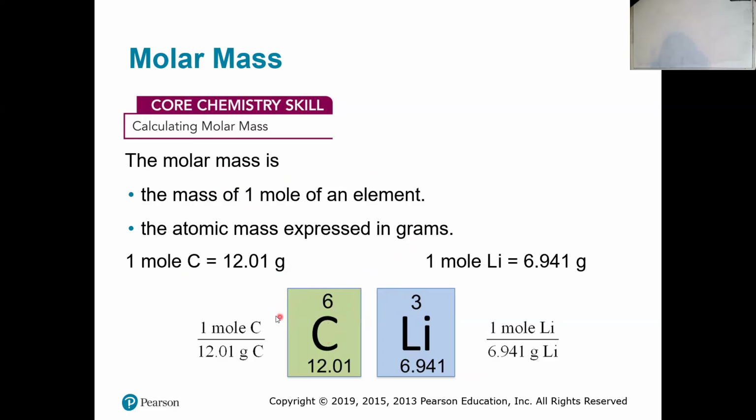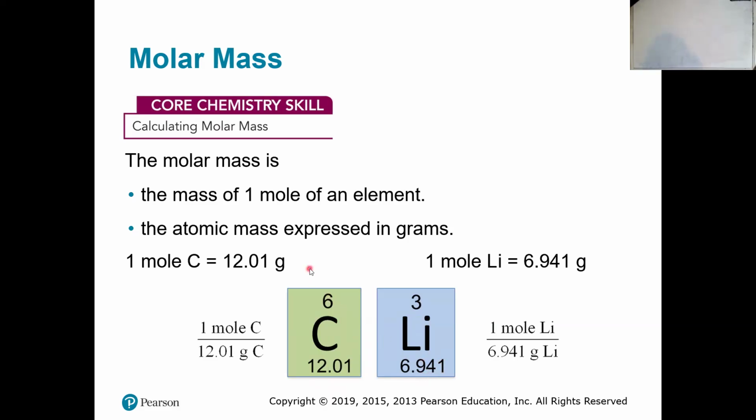Each of these is an individual element. If we wanted to look at the periodic table and find the mass of each one, carbon has an atomic mass of 12.01 AMU. Lithium has an atomic mass of 6.941 AMU.